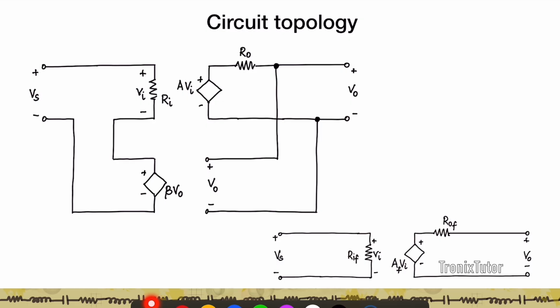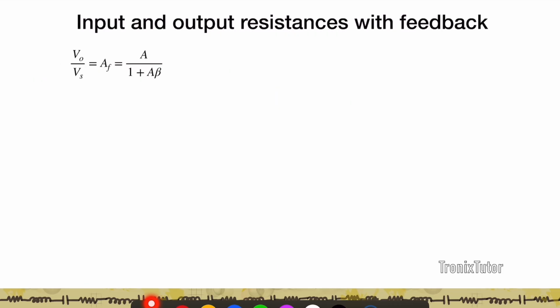Now that is Ri with feedback, and an output resistance given by ROF, or the output resistance with feedback, and the gain essentially given by AF. So let's try and first work out the numbers for ROF, RIF, AF, etc.